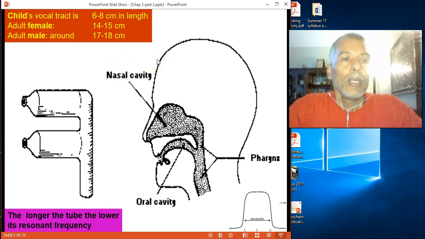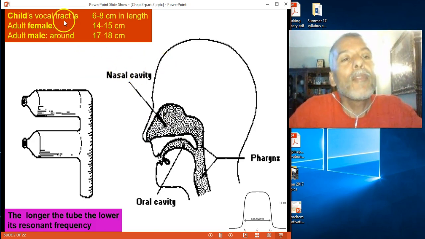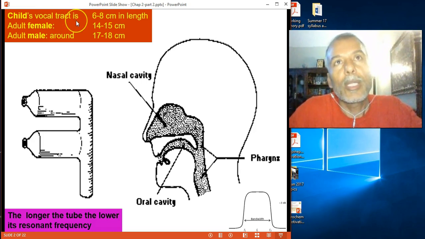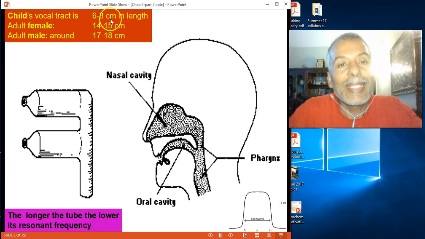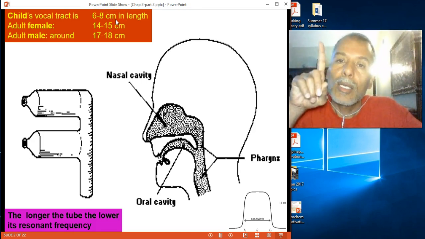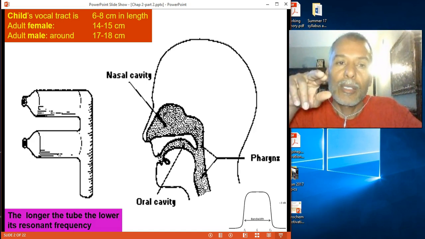So, the average child, from birth to about 10 years old or so, or maybe 13 even, has a vocal tract of 6 to 8 centimeters in length. Remember, 1 inch equals 2.5 centimeters.